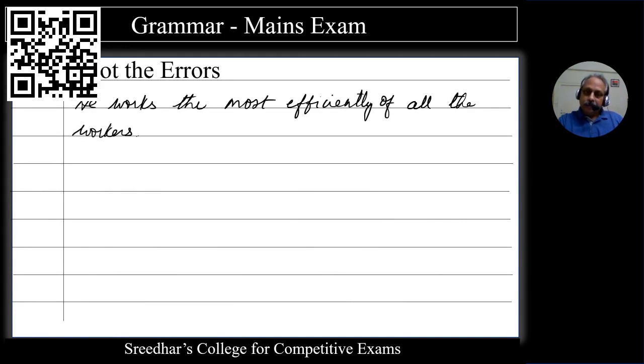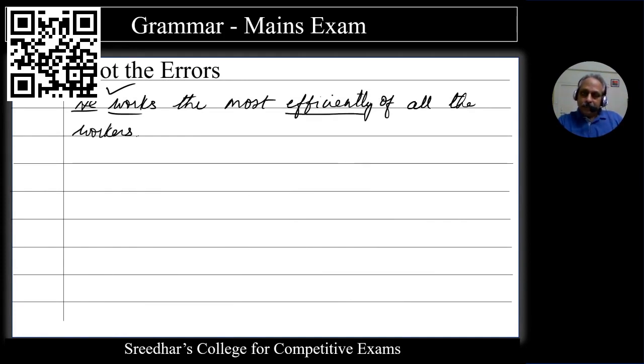The sentence is in present tense. What is the subject? He. Third person singular. Because the sentence is in present tense, affirmative form, what is the rule? We should add s or es to the verb. What is the verb here? Work. S, so no problem. He works. Then where is the error? The most efficiently of all the workers.